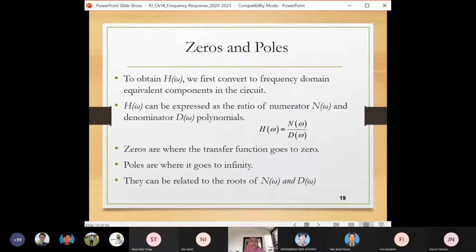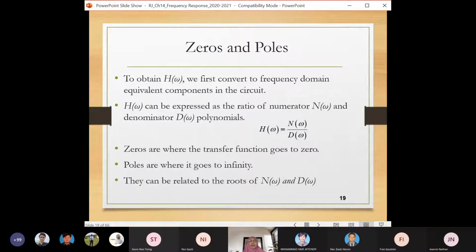To obtain the transfer function H omega, we first convert the circuit components to their frequency domain equivalents. And how can we express H omega? You can simply express it as the numerator divided by the denominator, because the transfer function is always the ratio of output to input. So the output is the expression N omega, and the input is the denominator expression D omega.